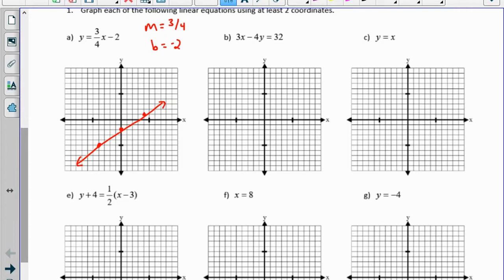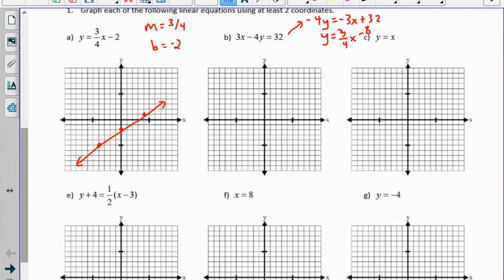Letter B is in standard form. So I have a variety of different ways I can do this. The first thing I'm going to do is change it to slope-intercept form. So I will subtract 3x and then divide by 4. So I have y = 3/4 x - 8, because 32 divided by -4 is -8.